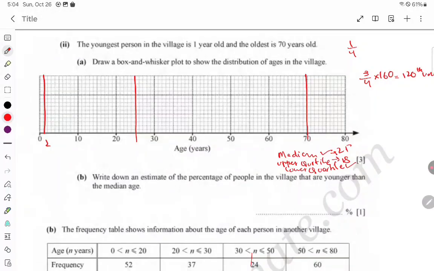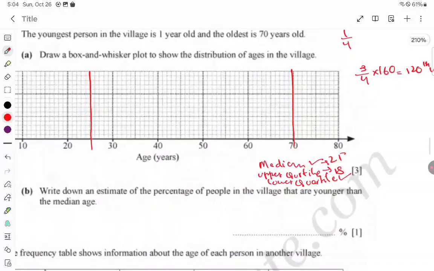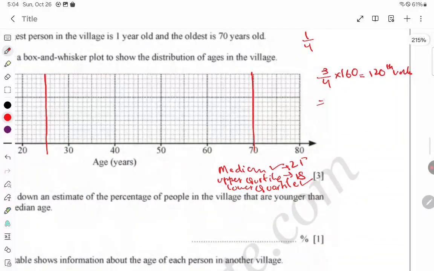After that we calculated the lower and upper quartile, and by solving that it will give you the upper quartile value of 34. The lower quartile already gave the value of 18.